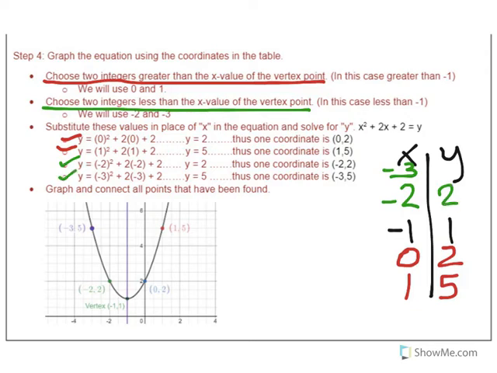And for -3, the answer is 5. I've gone ahead and I've plotted those points on the graph, and now I can connect the dots and create my parabola. Please note on the table that you can see symmetry within the table as well.